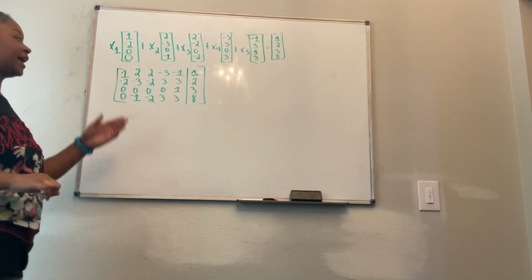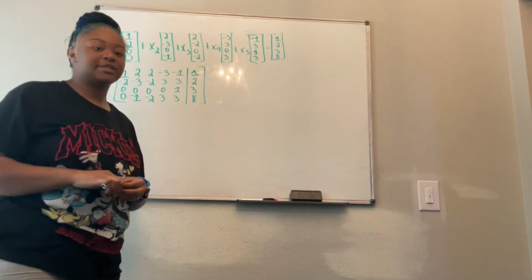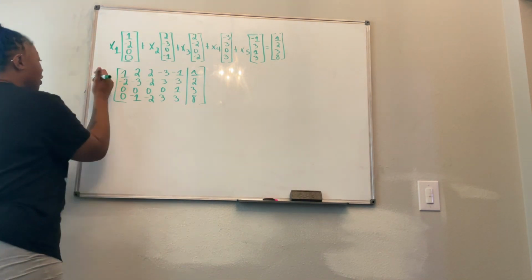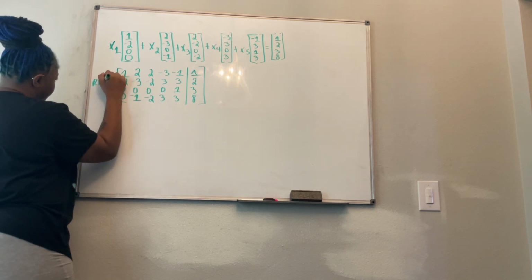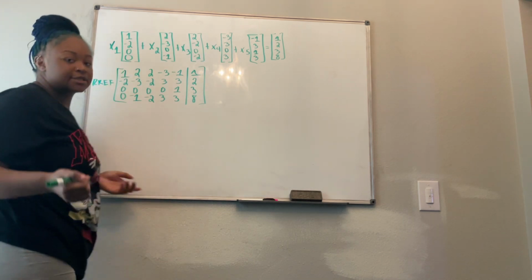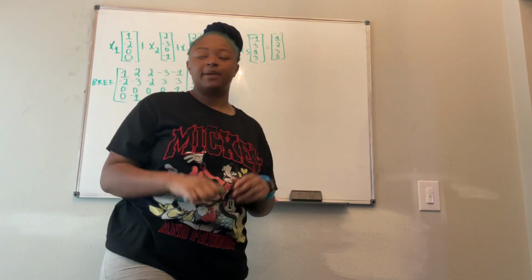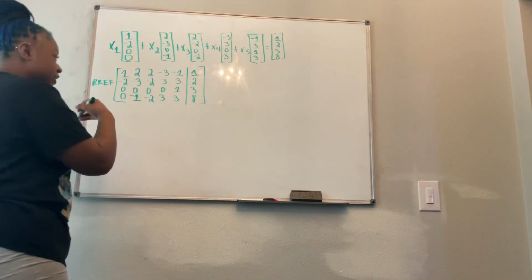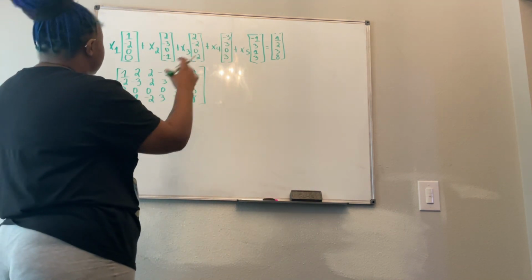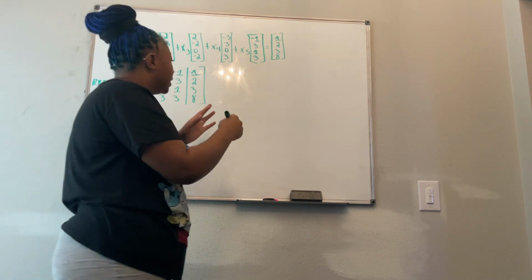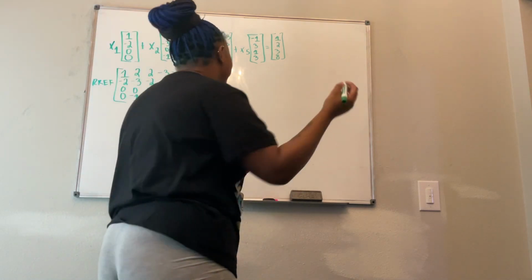All right, so now that I have this arranged into a matrix, I'm going to do a calculation called RREF, and that is simply row reduction. It basically means you take these operations and you construct this matrix into a simpler one, and I'll show you what that looks like.